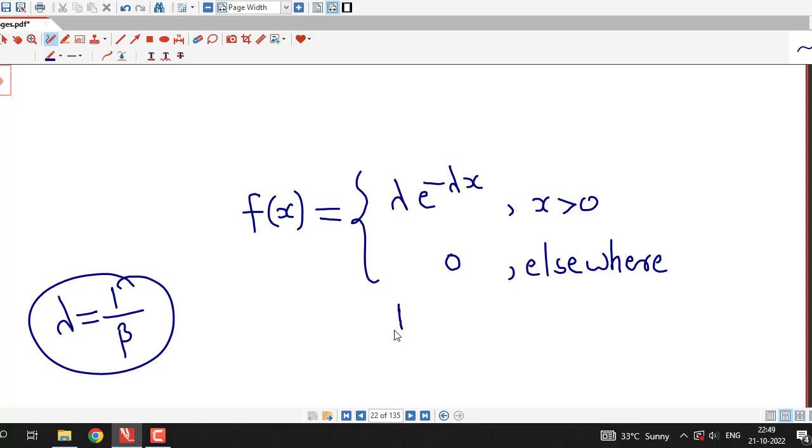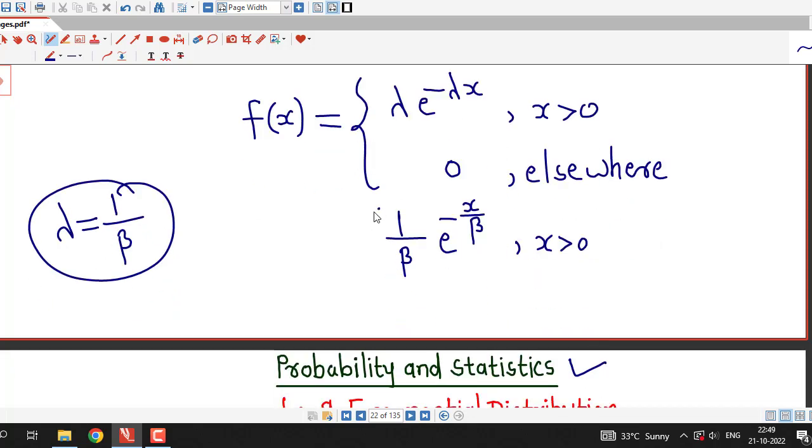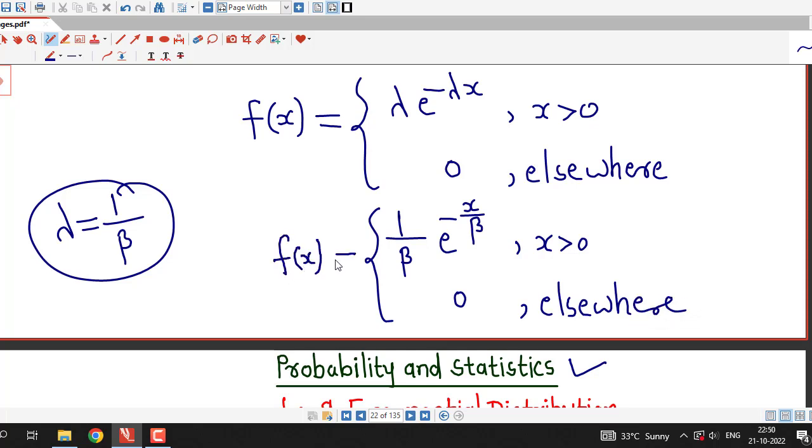If I consider lambda equal to 1 over beta here, I will have this form of PDF for exponential distribution, 0 elsewhere. So we must be familiar with both forms of the PDF for exponential distribution.